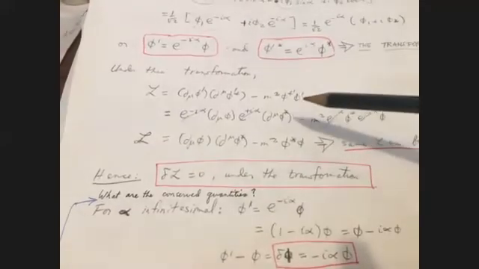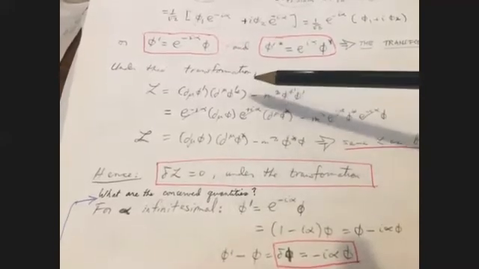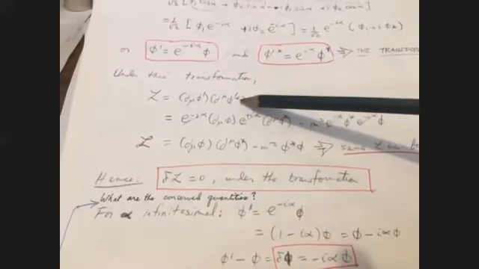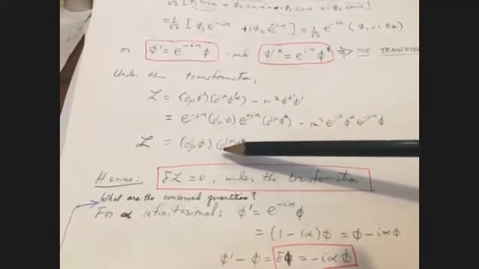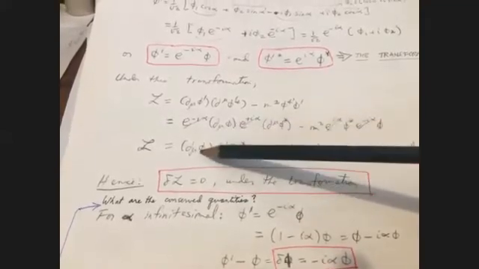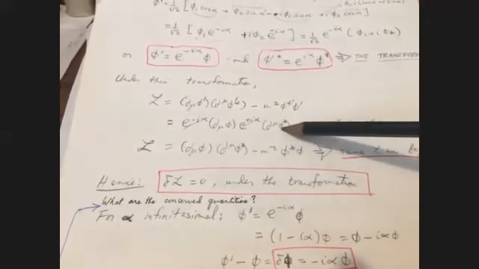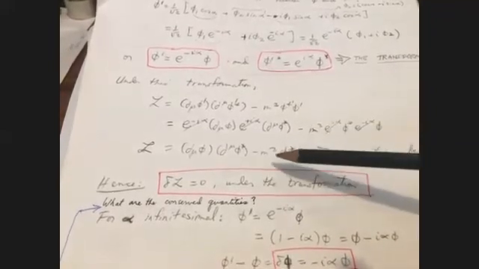So with the cancellation of the exponentials, the transformed Lagrangian will reduce to the original form. That means you are left with partial of mu phi here, and then partial of mu phi star here. And for the second term, it's just mass squared phi star phi.